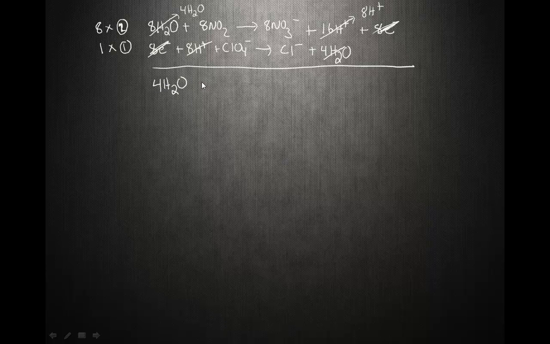So we have 4H2O plus 8NO2, and I'm just getting that from right here. But our other reactant is here. So I'm just putting all this stuff on the reactant side of the arrow, so that's plus ClO4 minus. And then I'm just going to put all this stuff that's left on this side. The order doesn't really matter, so I'm just going to use the stuff on the top.